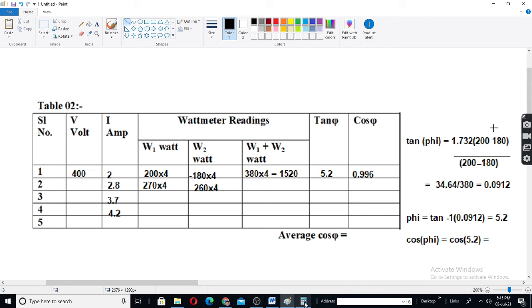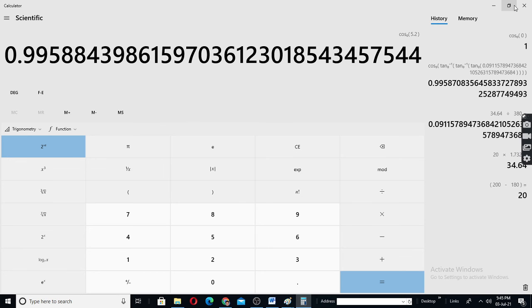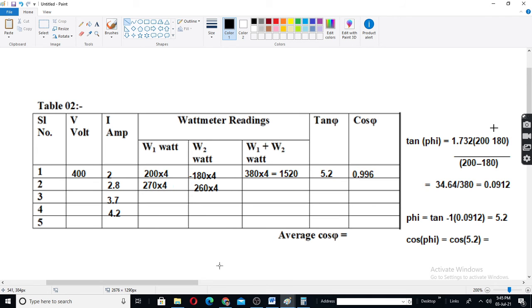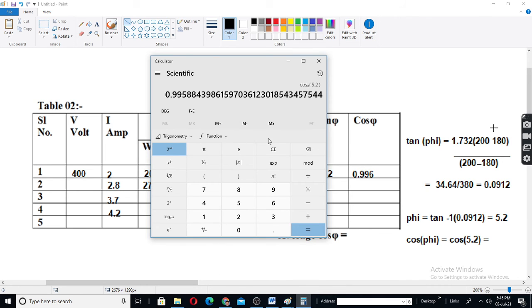So in the calculator we will have 1.732, which is root 3, into 200 plus 180, that is 380, divided by 200 minus 180, that is 20.